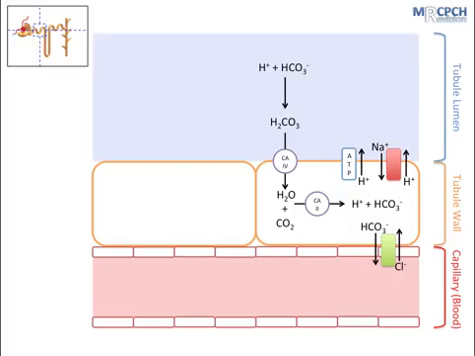The bicarbonate is then exchanged with chloride from the circulation, and reabsorbed into the circulation. And the protons are either actively secreted by a proton ATPase or exchanged for sodium from the filtrate. The protons are then excreted in the urine, and the bicarbonate is reabsorbed into the blood.